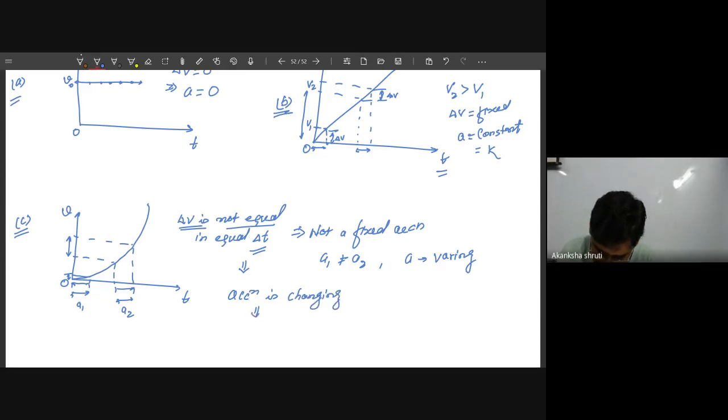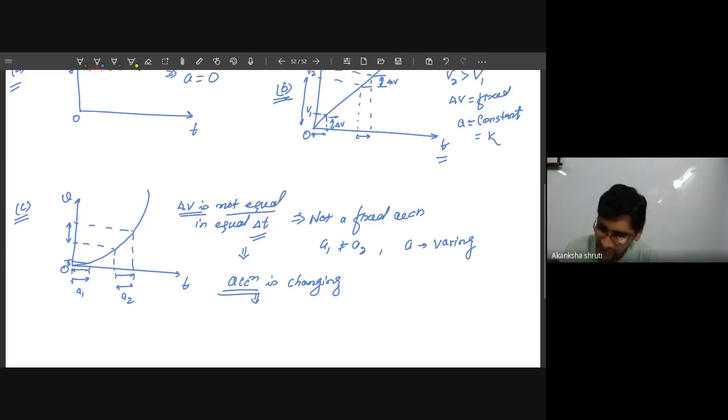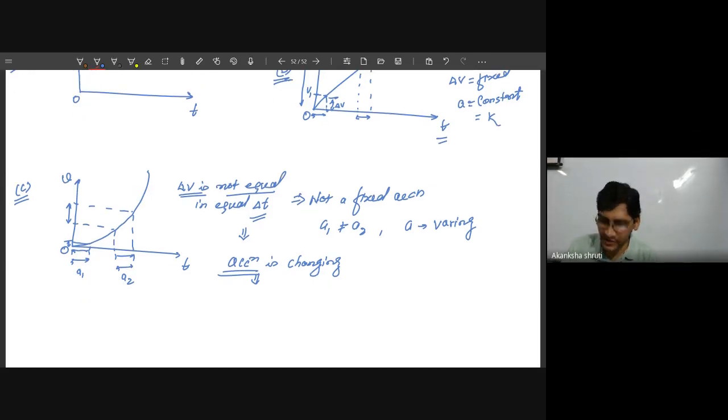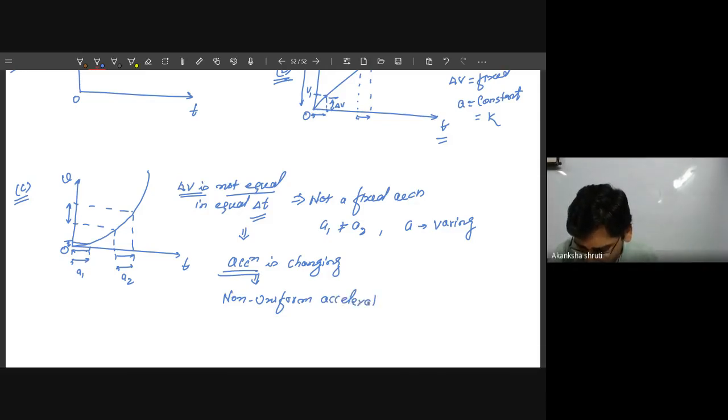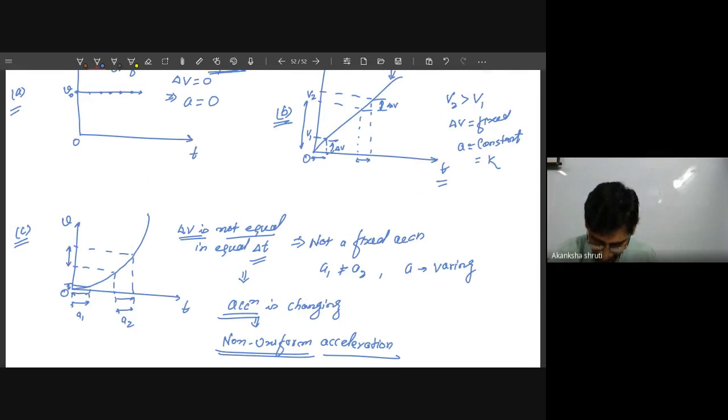So this implies, when the quantity is not fixed, it is called non-uniform. So therefore it is the condition of non-uniform acceleration. But if that quantity is constant, meaning a fixed value, that is called uniform acceleration.